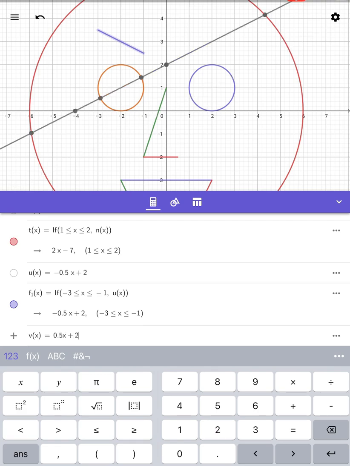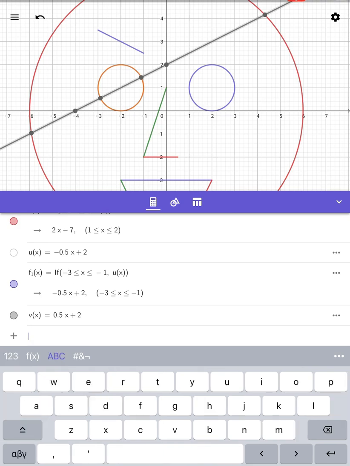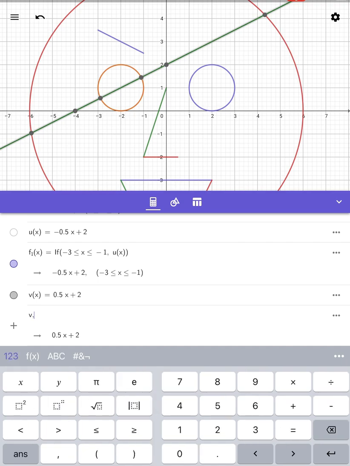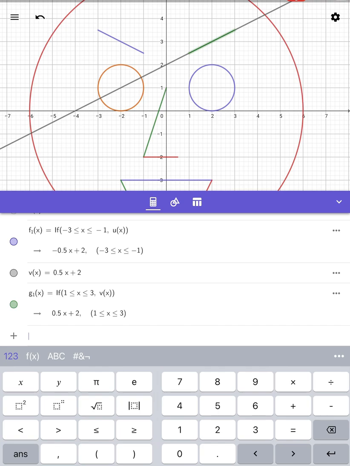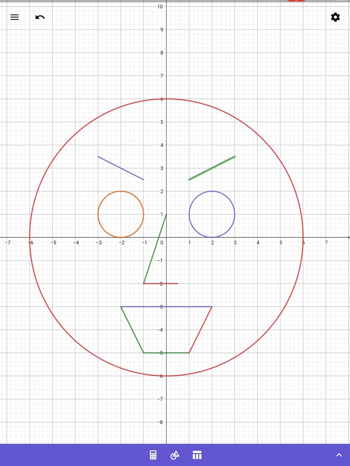And then for that, the V function should have a constraint that is in between 1 and 3. So 1 and 3. And there we go. That should be the drawing that I have converted from a drawing.